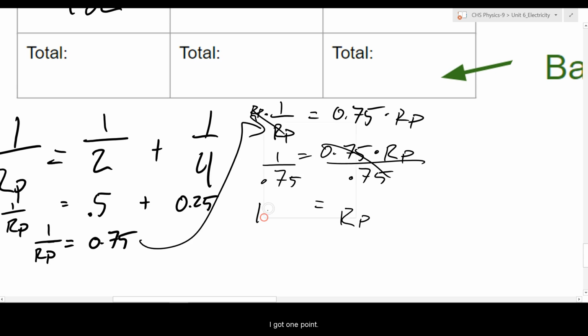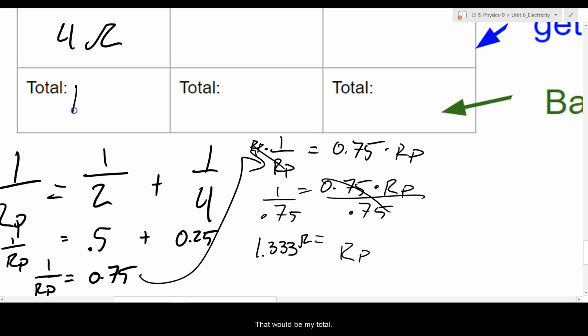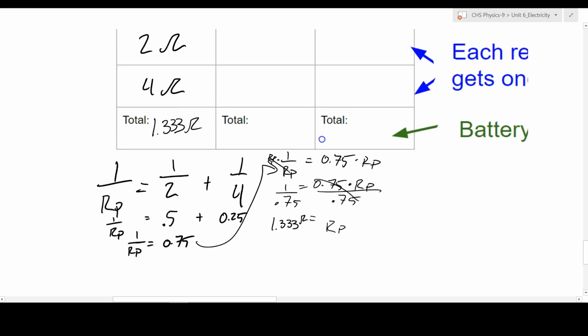I got 1.3 repeating. I'm just going to round that to 1.333, and that would be ohms. That would be my total amount of resistance for this circuit.